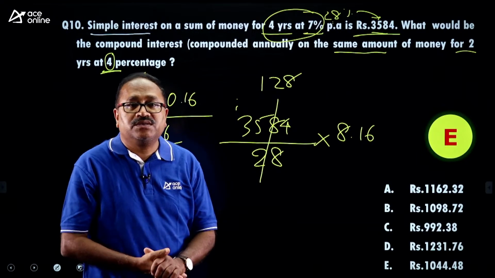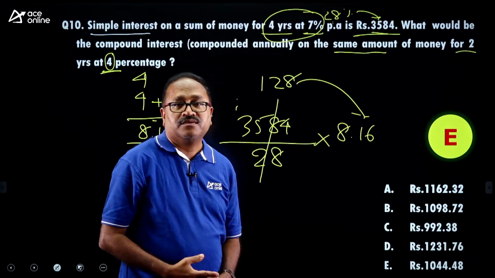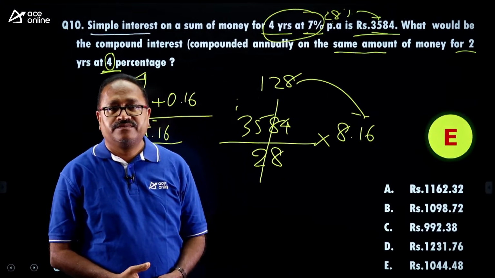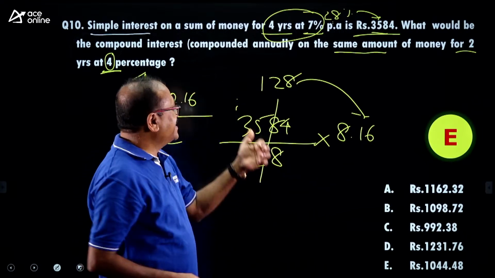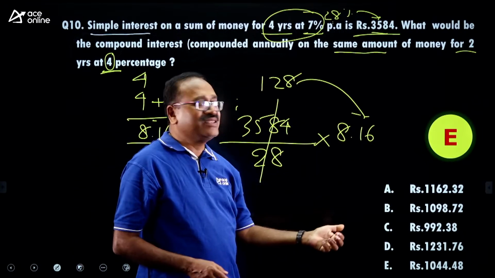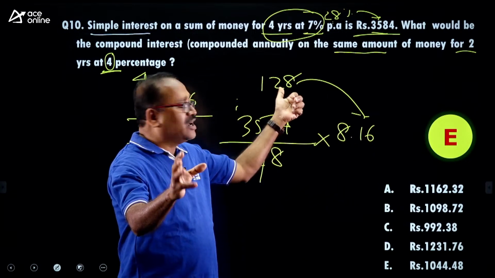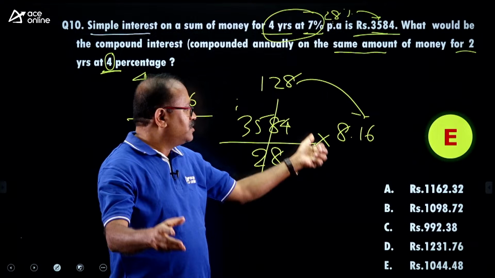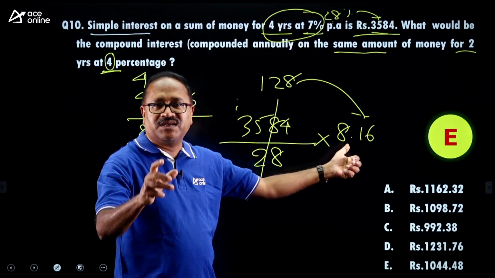Where does my answer lie? 128 into this part. That's your answer. So at least you have to calculate this one. Don't say how do we multiply this part. You can multiply this number first by 100 and then by 28. When you multiply first by 100, 8.16 will become 816.